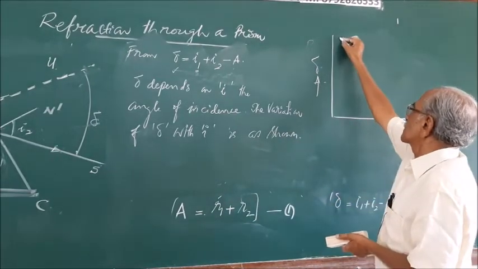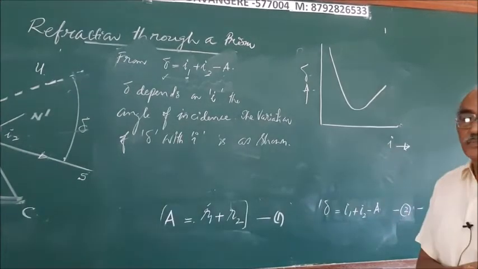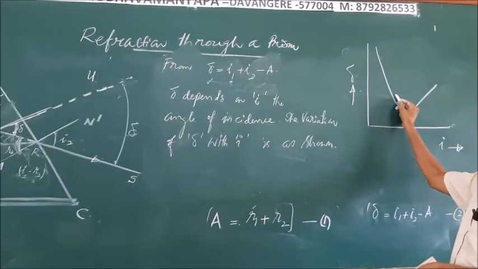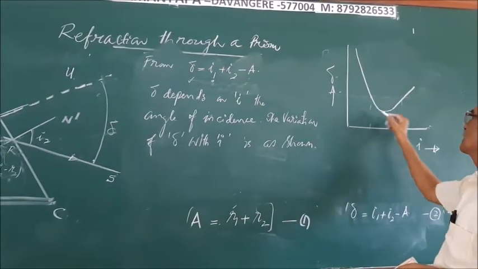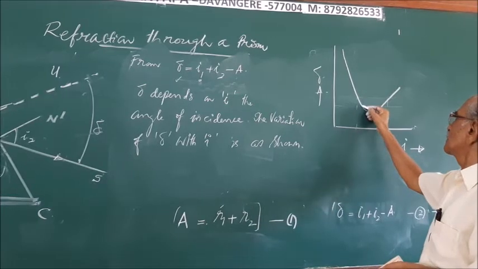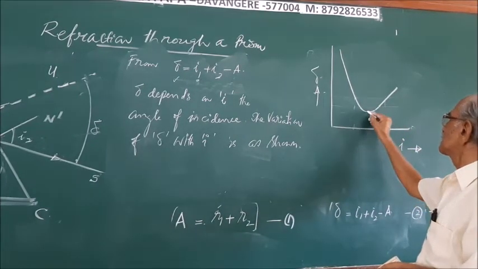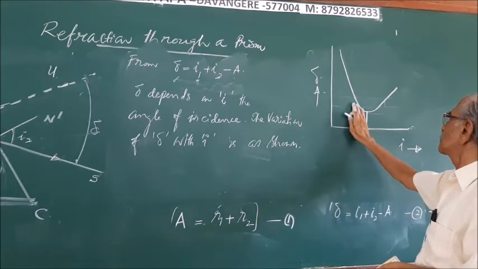This is the graph experimentally. Now, for any deviation, observe you have I1 here and I2 here. For this deviation, I1 here, I2 here. For this deviation, there is only one, where I1 and I2 coincide.